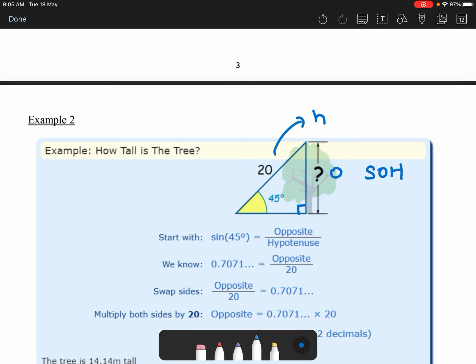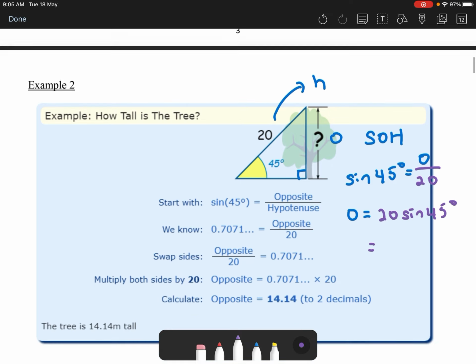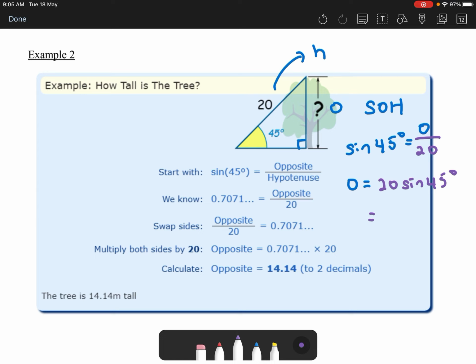So sine 45 degree is equal to the opposite divided by the hypotenuse, which is 20 meter. So opposite is equal to 20 sine 45 degree. Just press your calculator and make sure that your calculator is in degree mode, because if you put radian mode, it will be wrong.